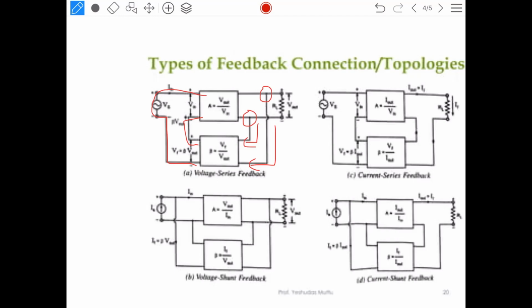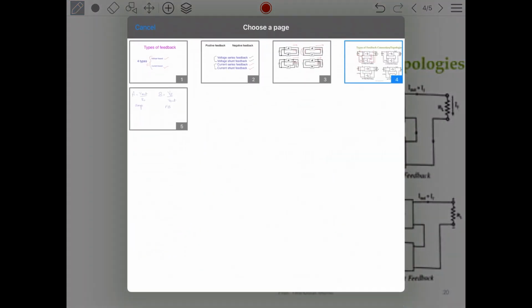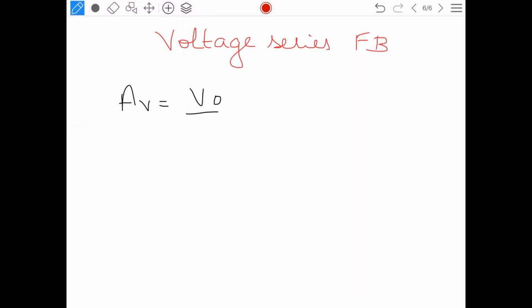So the equation for voltage series feedback, we could simply write it as gain AV is equal to Vout by Vi.